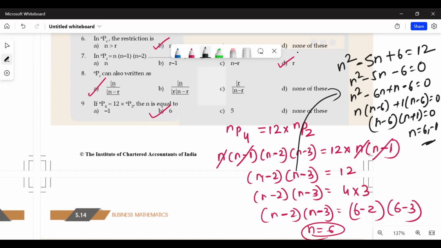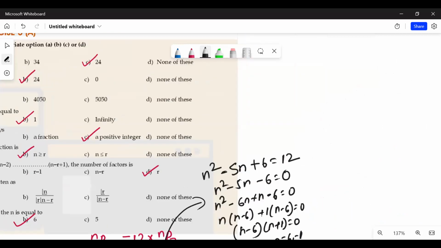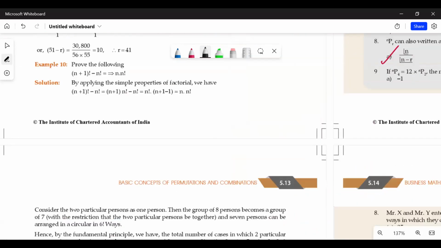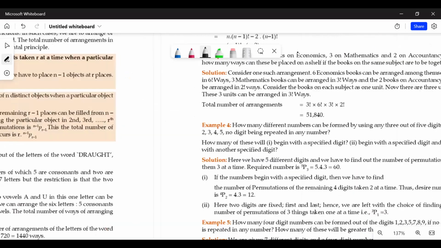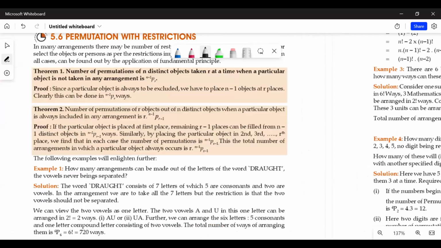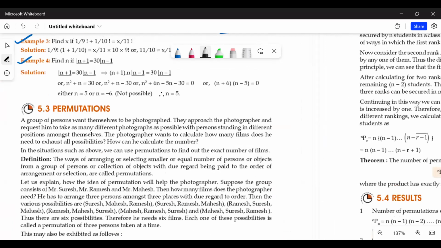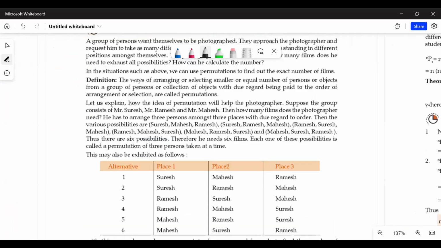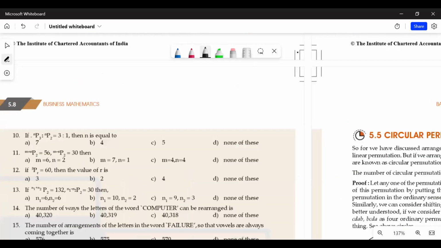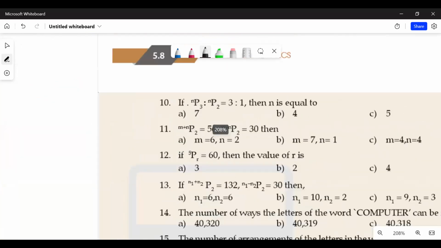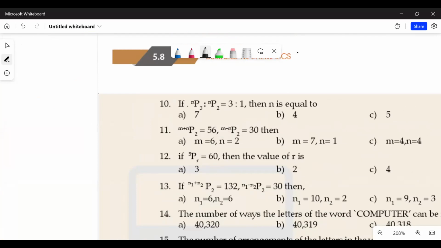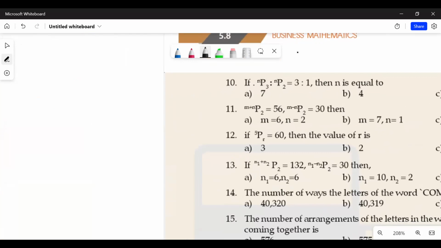Done, everyone? Yes, sir. See the next question, question number 10. nP3 divided by nP2 is equal to 3.